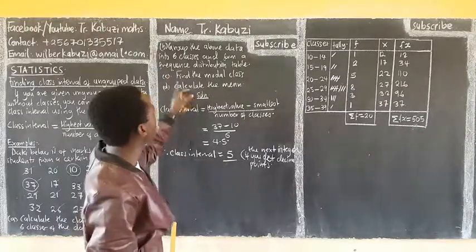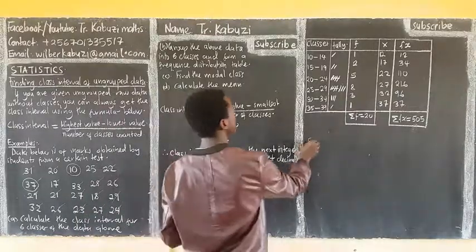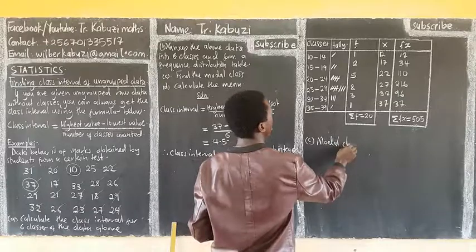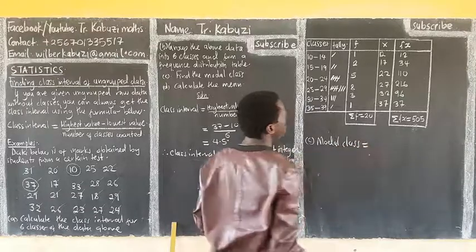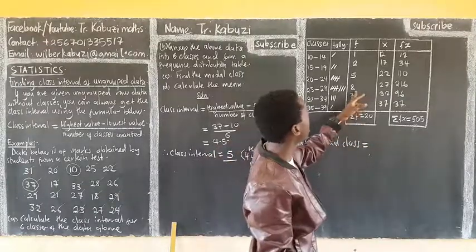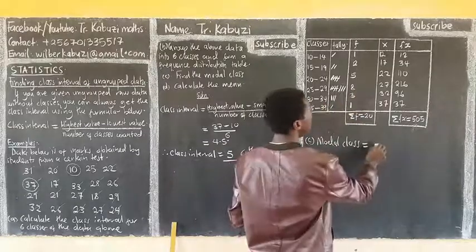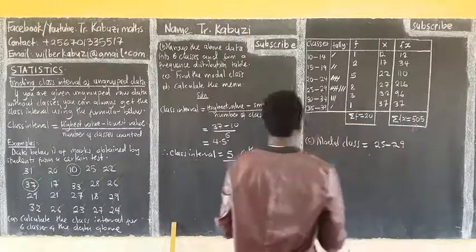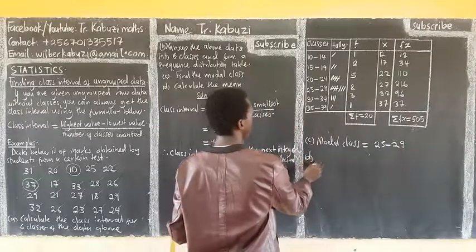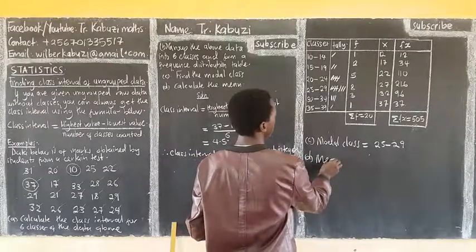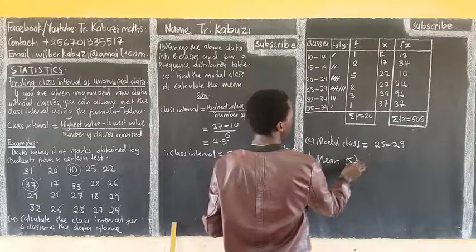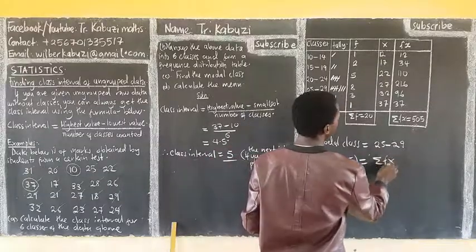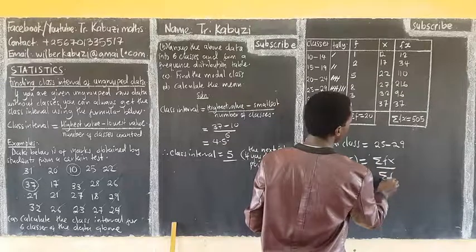Then let us get the modal class. Our modal class is the class with the highest frequency. Our highest frequency is 8. The modal class is now 25 to 29. Then part D, you want us to calculate the mean. Our mean, sometimes written as x bar, is summation fx over summation f.